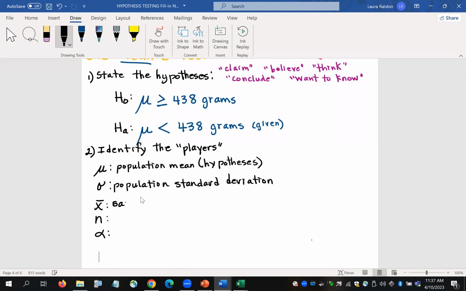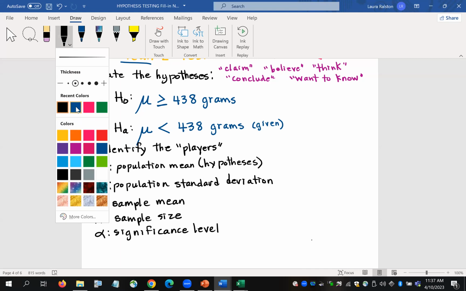You need the sample mean. You need the sample size. And you need the significance level. And guys, all of that information is clearly identified in the story.